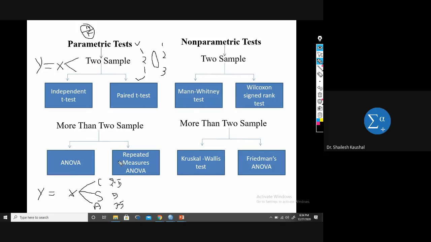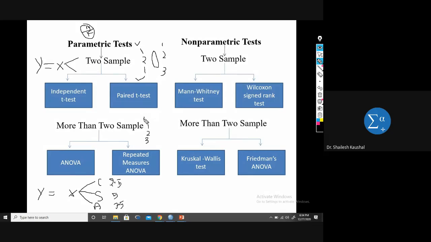Now the another is repeated measures ANOVA. Repeated measures ANOVA means when the same respondent is measured repeatedly, many times. Okay, if you want to lose your weight, then you can join the training program.